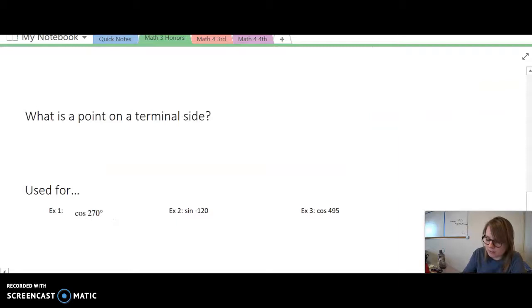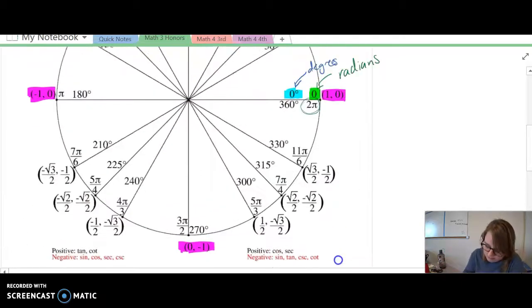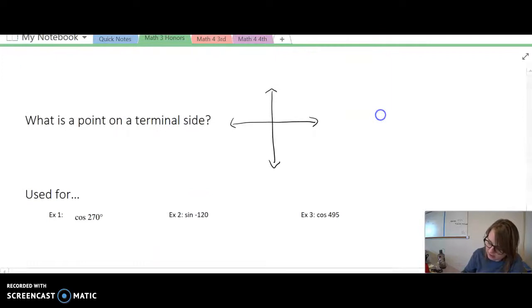So what is a point on a terminal side? So let's say I was given the angle 135. So I start at my 0 and then go to angle 135, and as I've said before, my initial side starts at 0, and then my terminal side is where it ends.